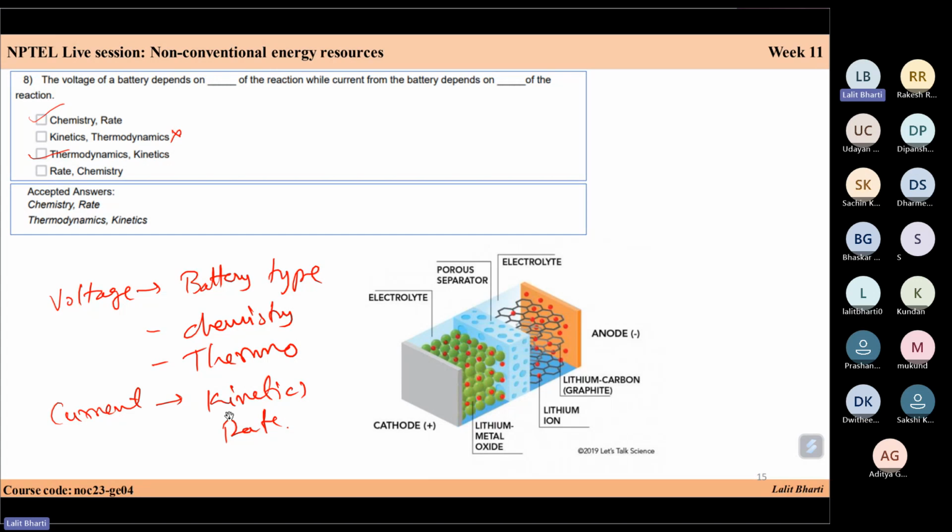Kinetics means basically the flow of your electrons. So option 1 and option 3 are correct. Chemistry and thermodynamics are giving you the voltage, and rate and kinetics are giving you the current of the battery. We have already discussed this in the last week also. So that is similar.